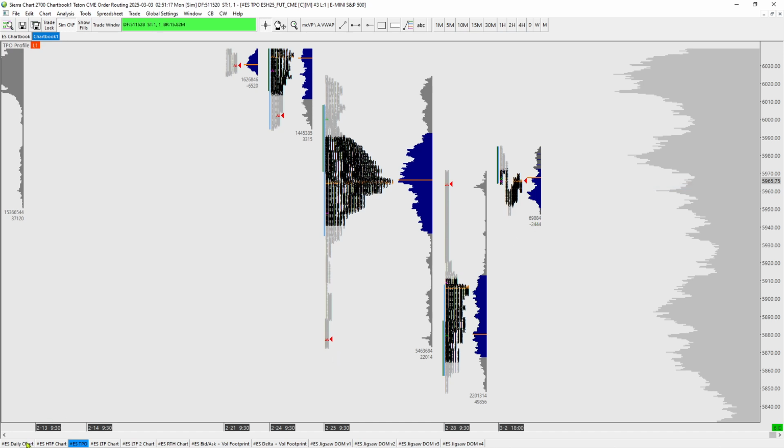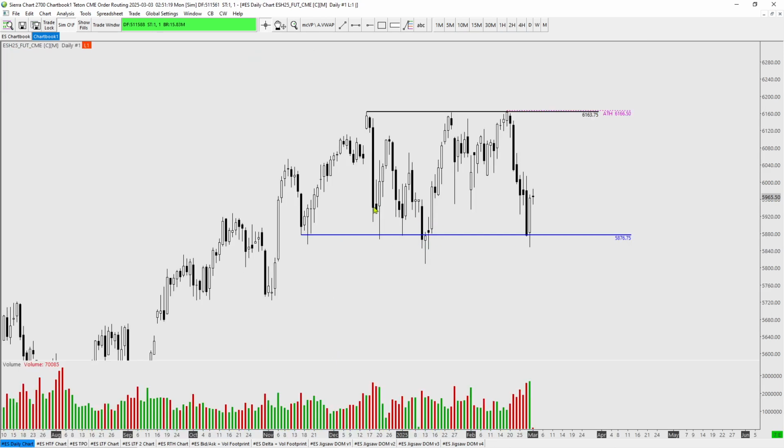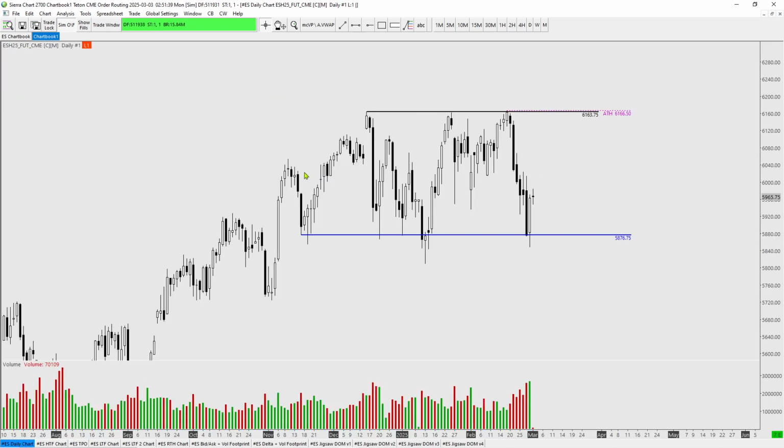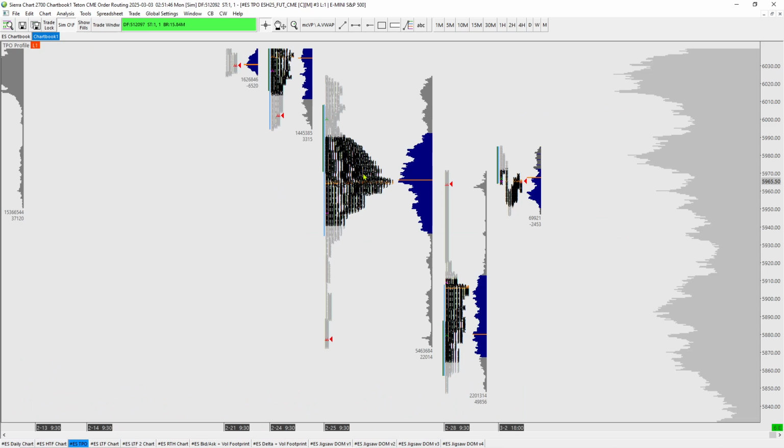Now, what did we just talk about right here? When we break away from value and we fail to hold lower and we come back inside of value, what's expected to happen is for us to rotate value, right? Now, this is the same concept at play, but just on a smaller scale. This is a 1-day chart that encapsulates months of price action, and this is a market profile chart that is encapsulating only the last 3 or 4 days.